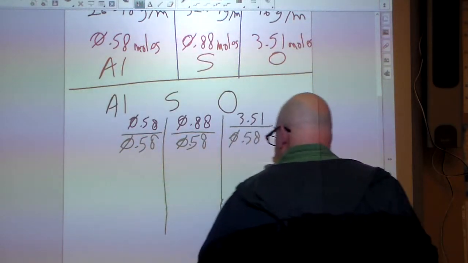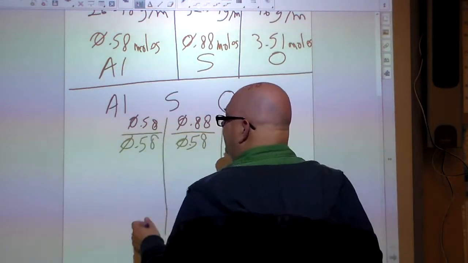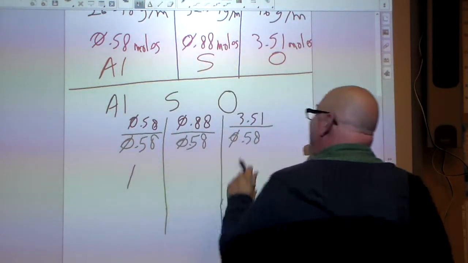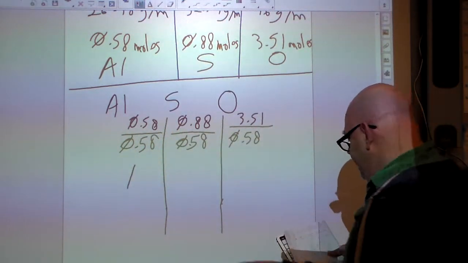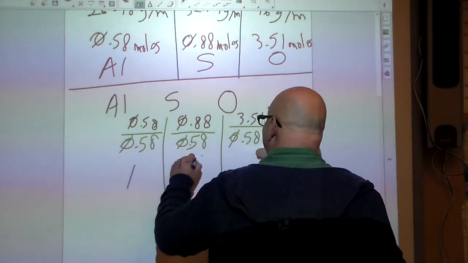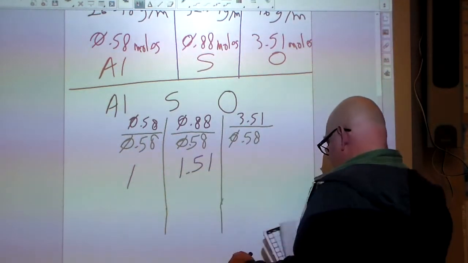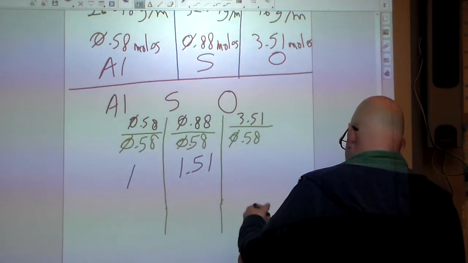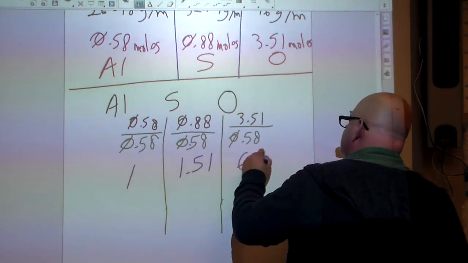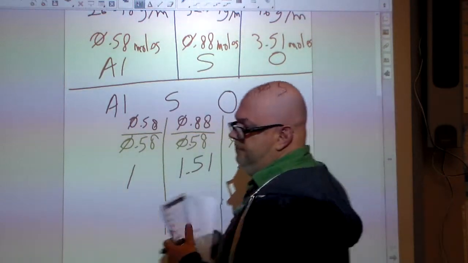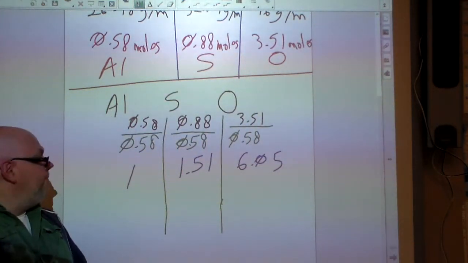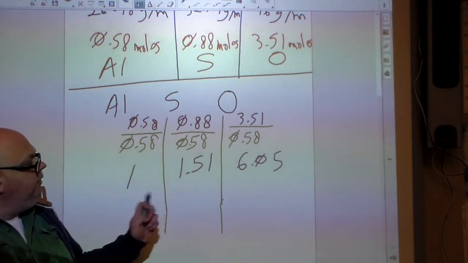Well, let's see. 0.58 divided by 0.58 is 1. Okay. 0.88 divided by 0.58 is about 1.51. And then we have 3.51 divided by 0.58, and that gives us 6.05. Okay, we're not quite there yet, but we're almost. Because here's the deal.